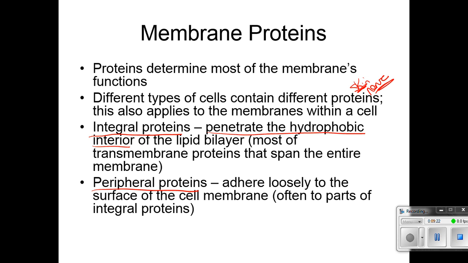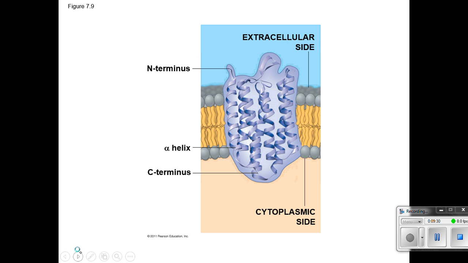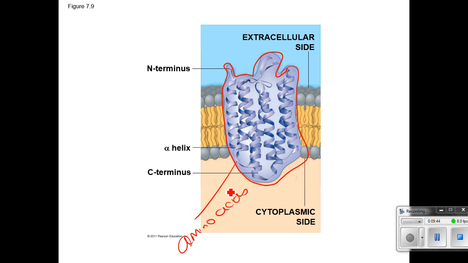Peripheral proteins adhere loosely to the surface of the cell membrane, and sometimes to parts of integral proteins. And this is showing a protein. Remember, we show them as these big blobs a lot of the time, but we have to remember that they are proteins, which means they are made out of amino acids, and that they have a primary structure and a secondary structure and a tertiary and oftentimes a quaternary structure.